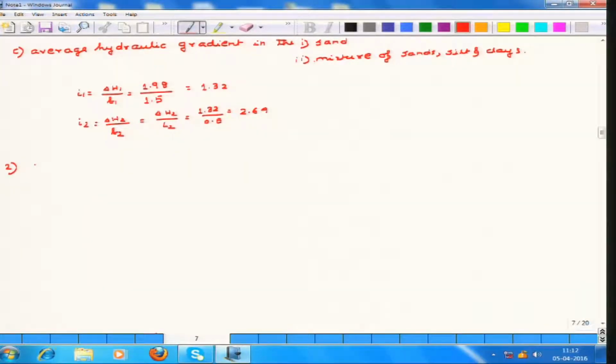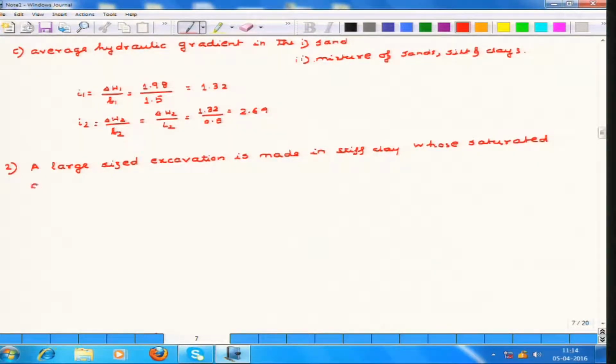So, we will consider a problem that a large size excavation is made in stiff clay. Saturated density is 1.76.